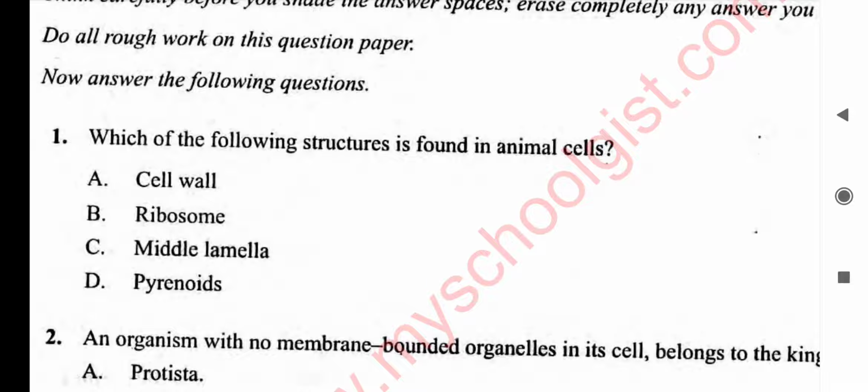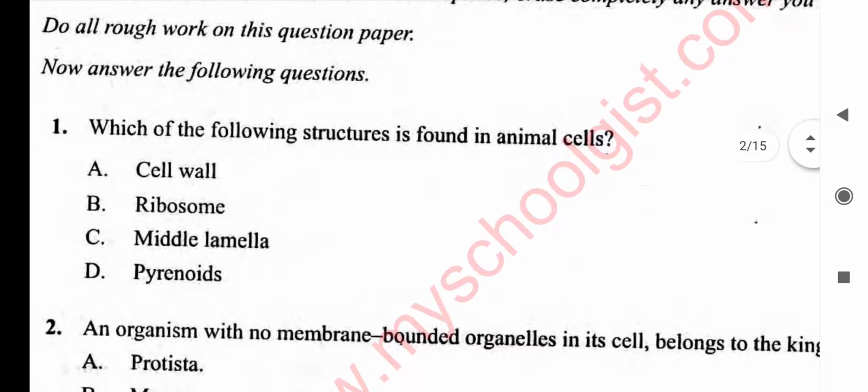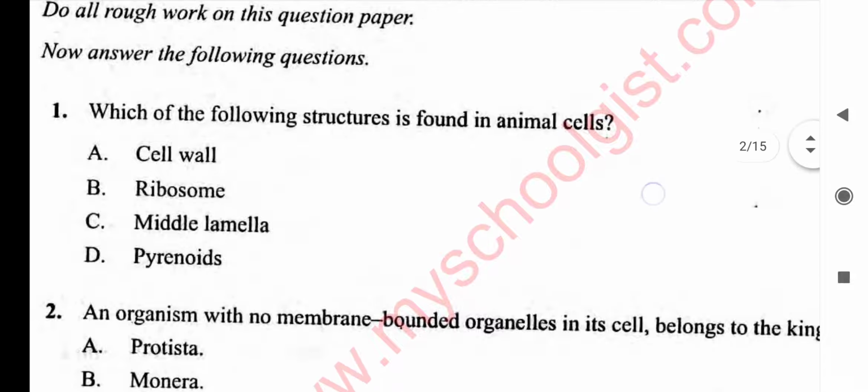In animal cell, amongst all these structures, what you can find is ribosomes. Ribosomes are found in both plant and animal cells. But structures like cell wall, middle lamella, pyrenoids are found only in plant cells.